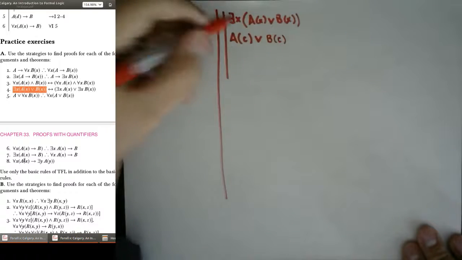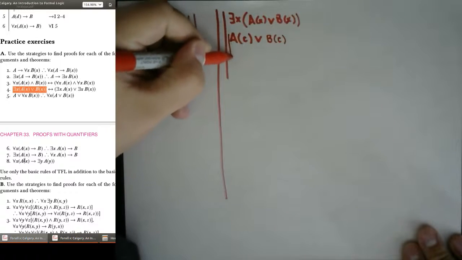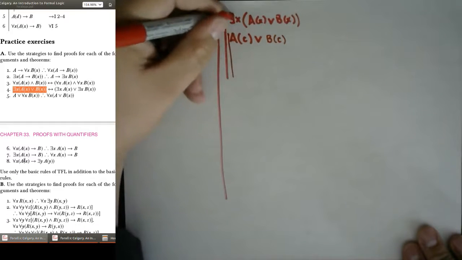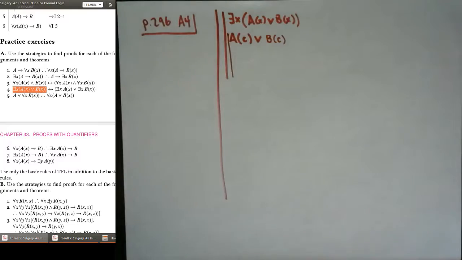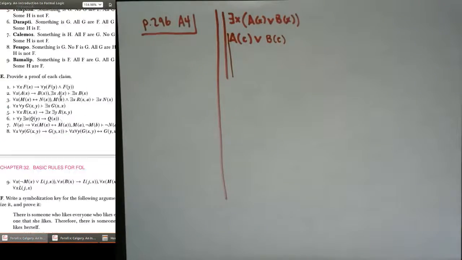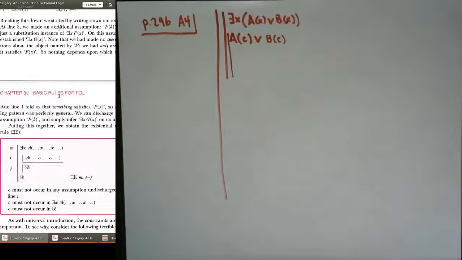Now, when I'm removing a quantifier, I also have to put that in a subproof. I apologize for not mentioning that. So existential elimination always occurs in a subproof. Let's look at the rule just to double check on it. Yes. So if I have a there exists and I want to get rid of it, then I have to start a subproof and end at the thing I want, and that thing I end up with must not have that named constant I pick.